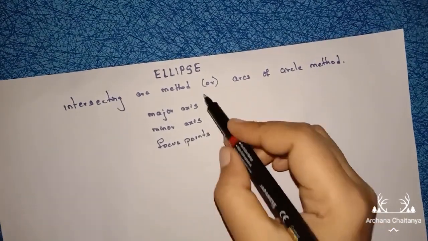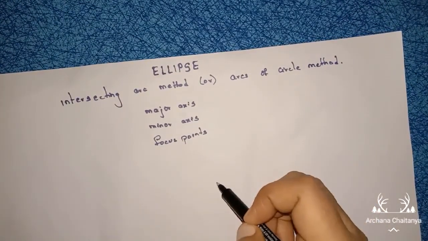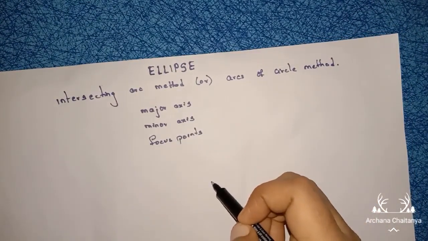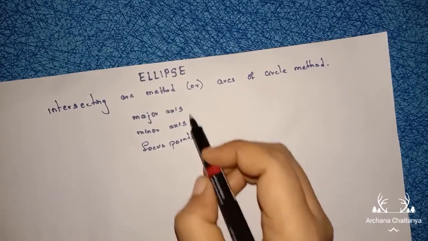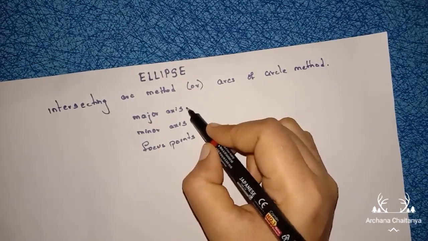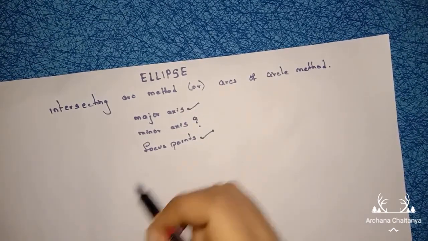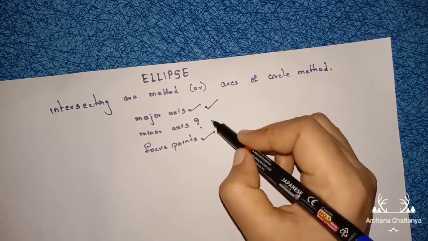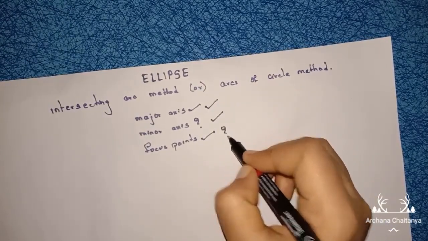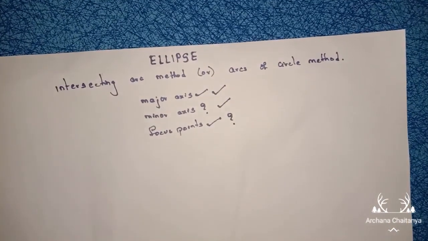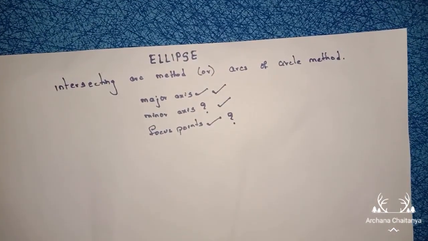Out of these 3, any 2 they will mention in the question and ask you to find another. Like if they mention major axis and focus points, you have to find the minor axis. Or if they mention major axis and minor axis, you have to find the focus point. So read the question properly: what 2 are given and what you have to find.